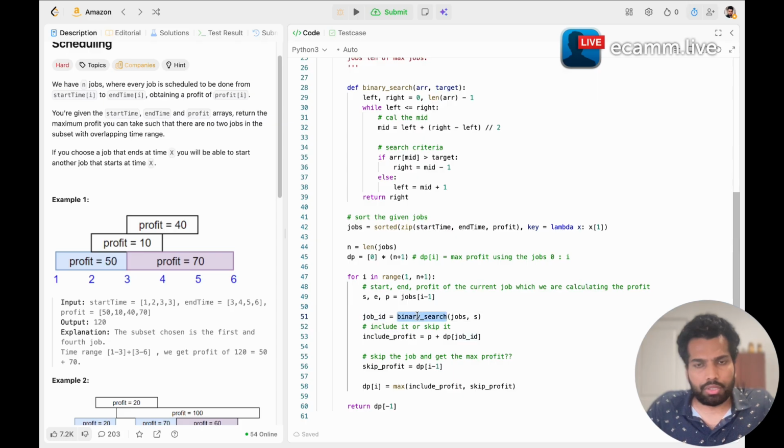We have the binary search. So let's see, is there anything that we're missing?